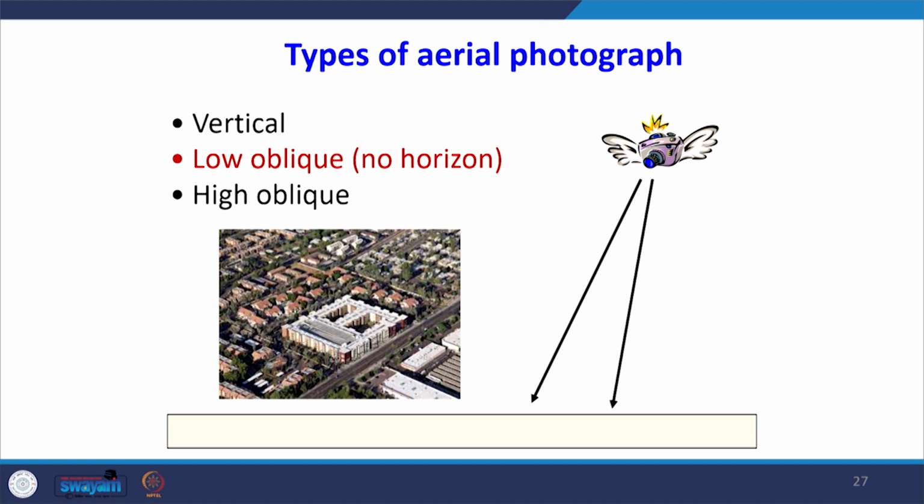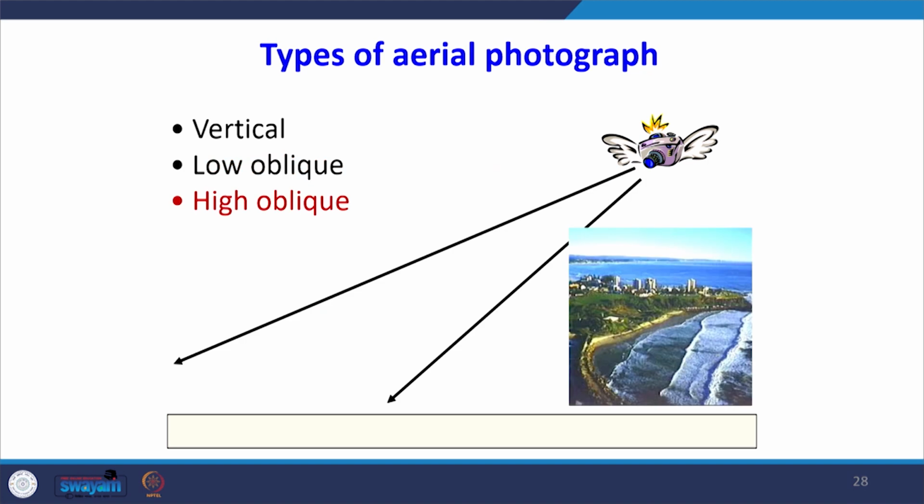But the third category is the high oblique photograph. In the high oblique photograph, the camera axis is further inclined with respect to the vertical, and you can cover a much larger area as compared to vertical photographs. When you are looking vertically down, you are covering the smallest area, but when you are highly oblique, you are covering a large area.